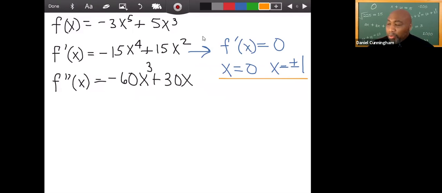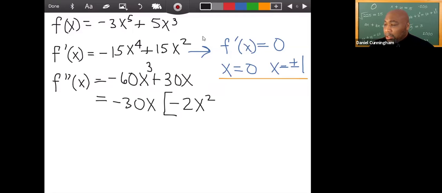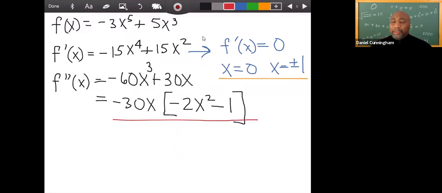So an easier way to do this, I'm going to look at the second derivative, and let me just factor out a 30. Let me factor out a -30x. That will give me here a negative, I believe, 20x squared minus, in this case, -1. Okay. So let me actually underline that right there.